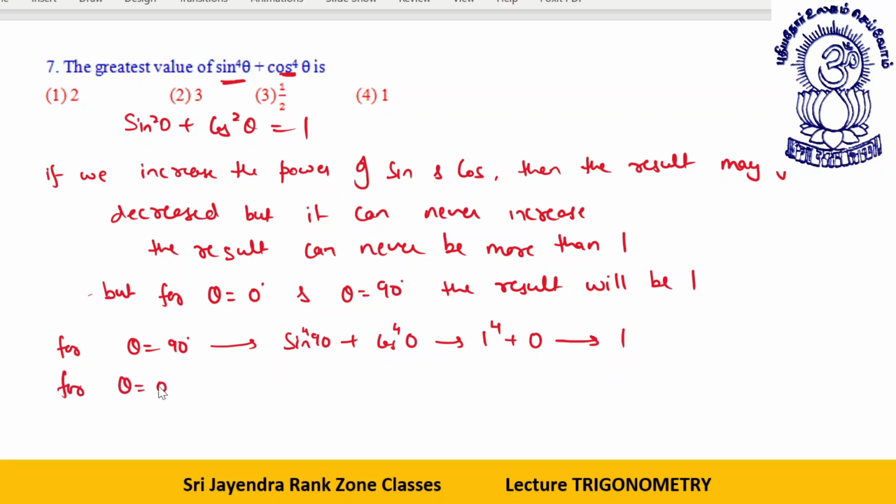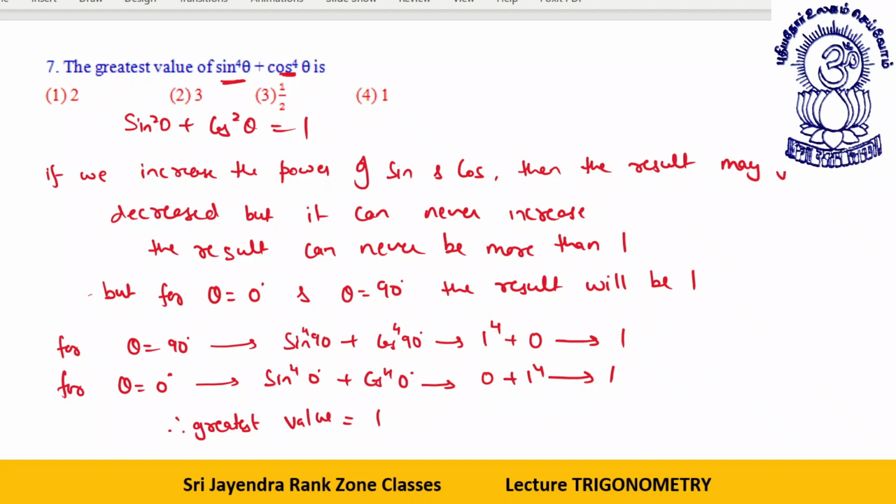For theta is equal to 0 degree, sine 0 raised to power 4 plus cos 0 raised to power 4, this will be 0 plus 1 raised to power 4, that will be 1. Therefore, the maximum value or the greatest value is 1.